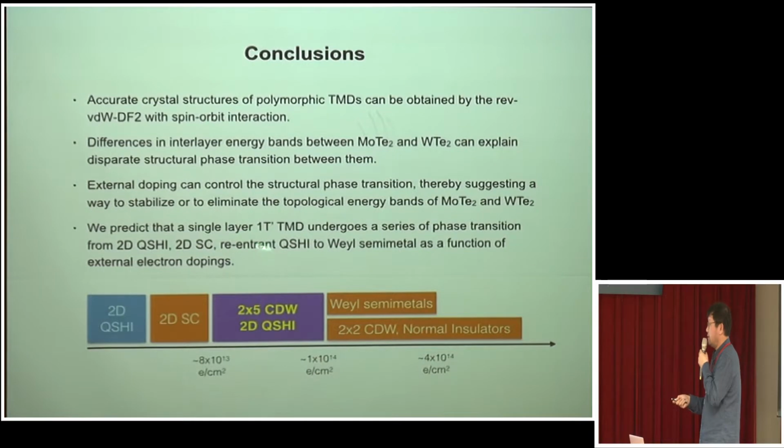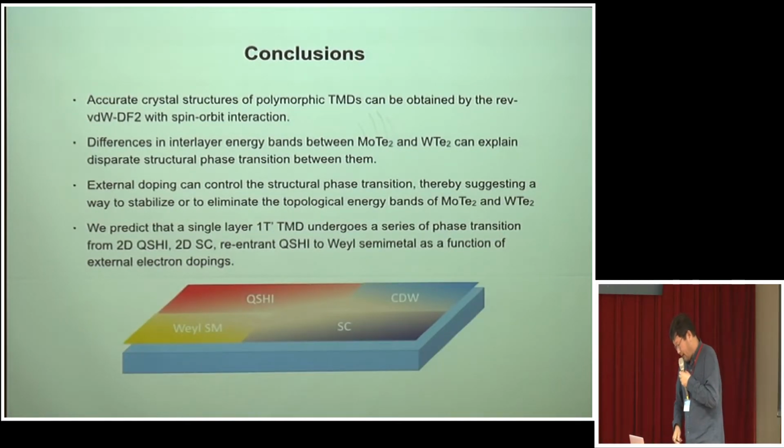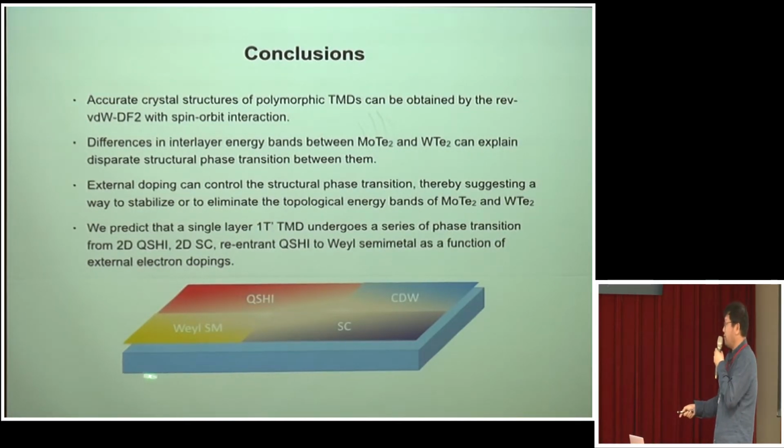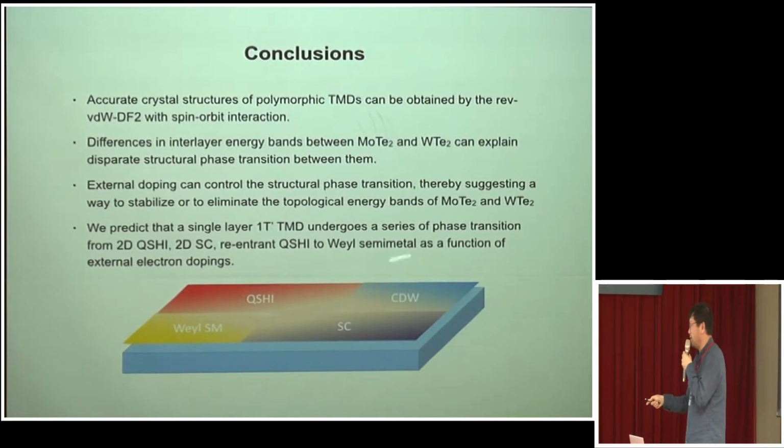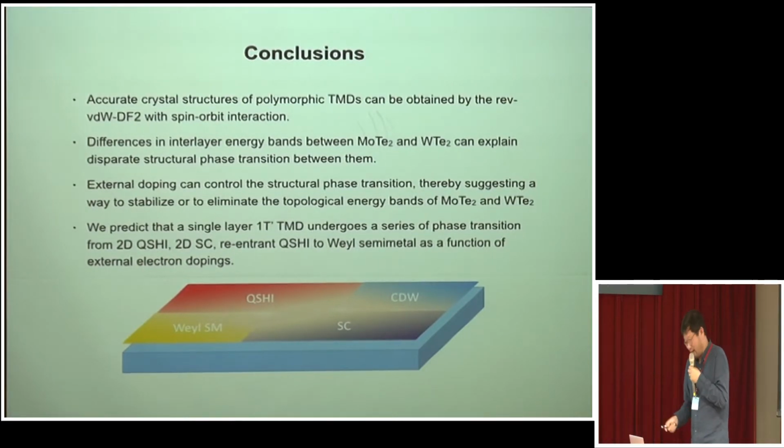We also predicted that single 1T prime structure undergoes 2D quantum spin Hall and superconductivity, and the coexistence of the CDW and quantum spin Hall insulator, then goes to the normal insulator CDW phase. So maybe in future, if you can achieve inhomogeneous doping for the single 1T prime, you can make various boundaries between quantum spin Hall insulator and superconductor or CDW, etc., in the single material. Thank you for your attention.